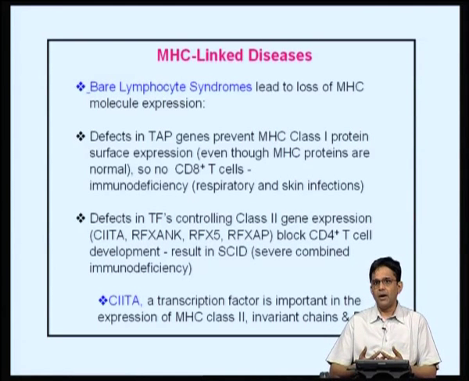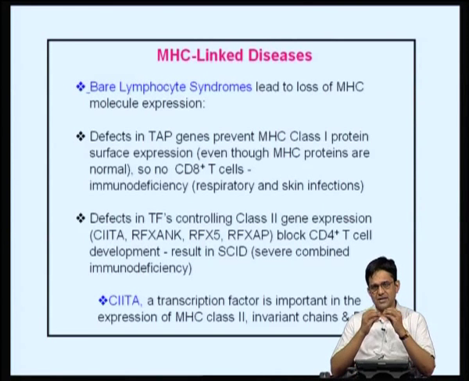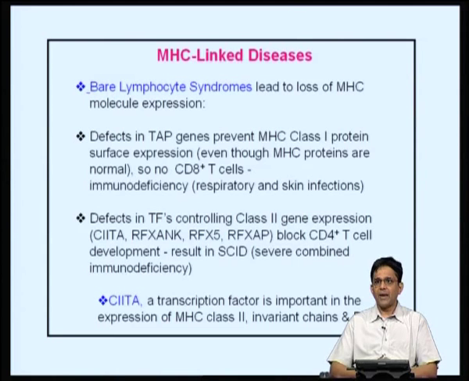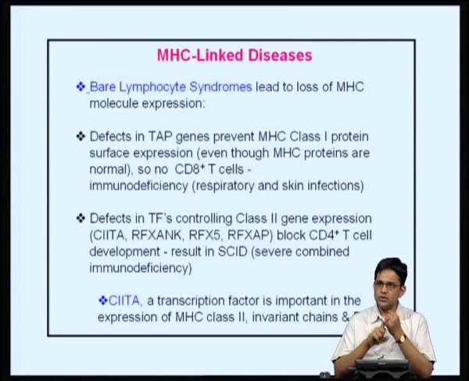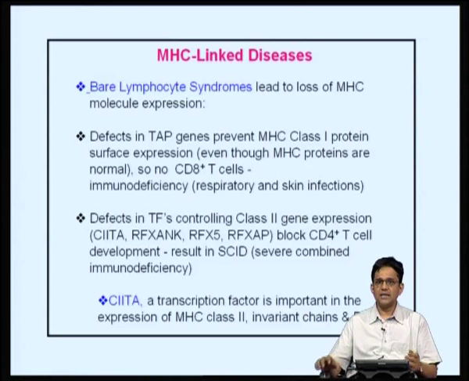So, if you do not have TAP, you do not have MHC class 1 expression, or even if you have some MHC class 1 expression, those MHC class 1 molecules are unstable. Because you have reduced number of MHC class 1 molecules, you have less selection in thymic selection. So, you have less number of CD8 positive T cells, and these lead to immunodeficiencies. You will have respiratory and skin infections.